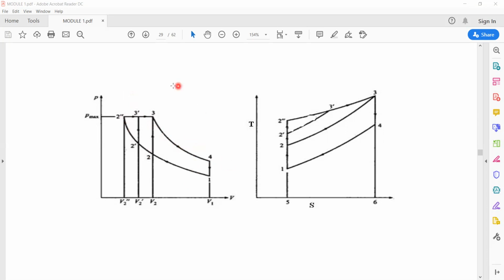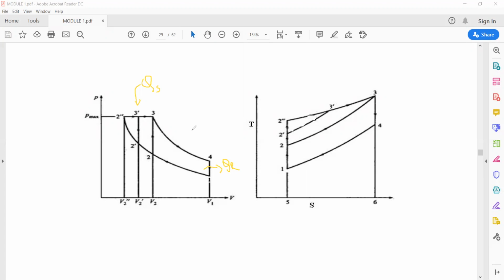In fact, in diesel cycle, heat addition takes place at constant pressure and heat rejection takes place at constant volume. This is the heat addition or heat supplied, and heat rejection takes place at constant volume, that is QR.